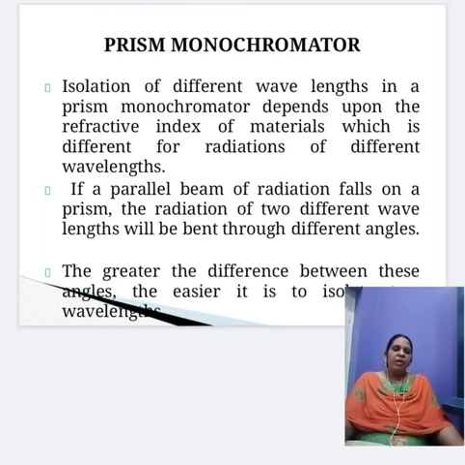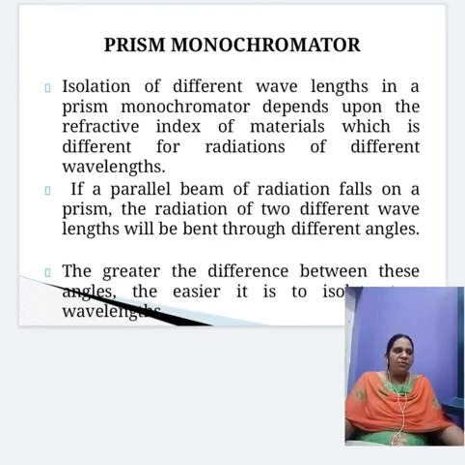So isolation of different wavelengths in a prism monochromator depends upon the refractive index of the material. So what is isolation? Isolation is nothing but separation of different wavelengths, which depends upon the refractive index of the material, which is different for radiations of different wavelengths.